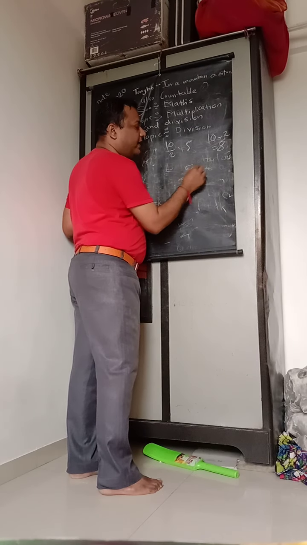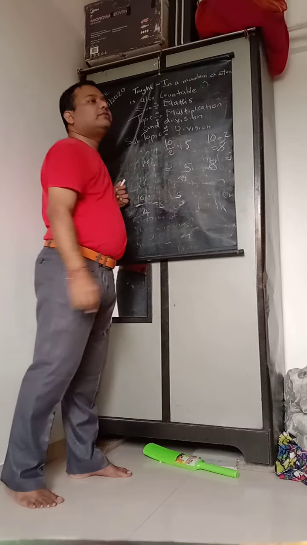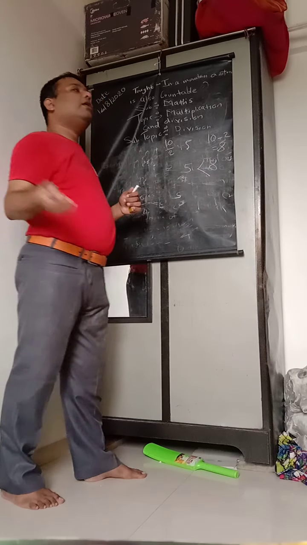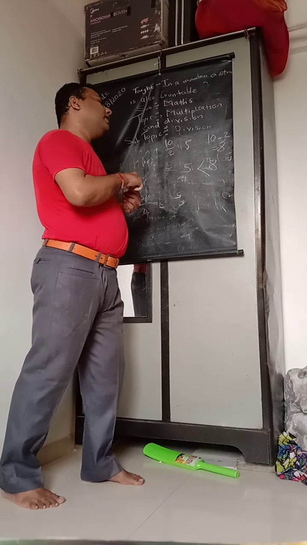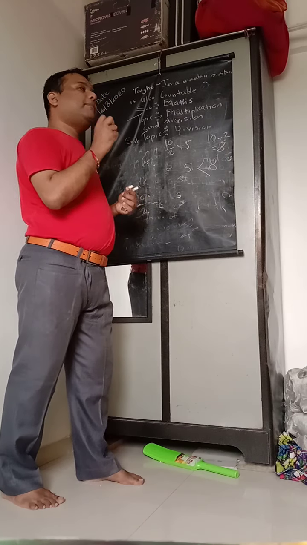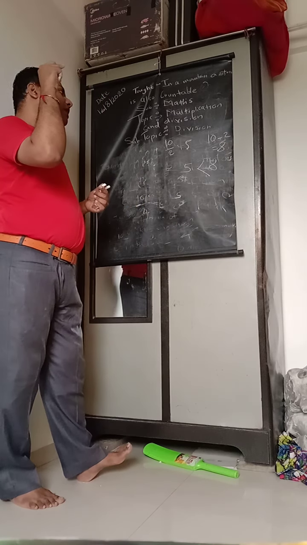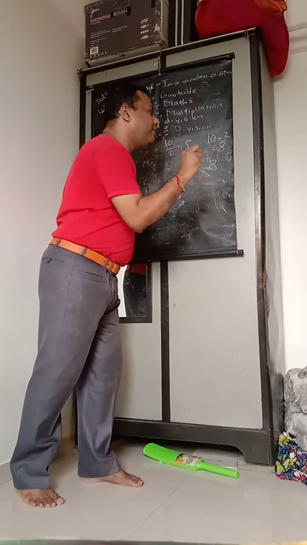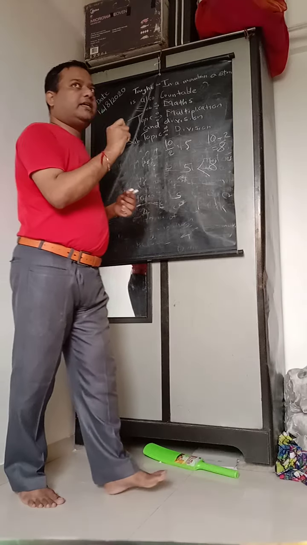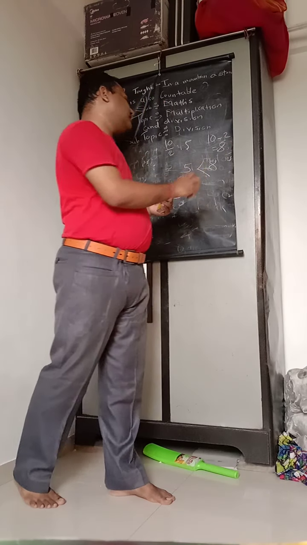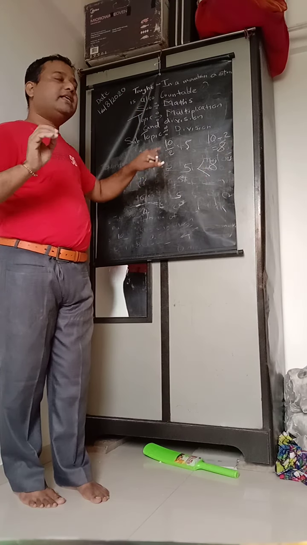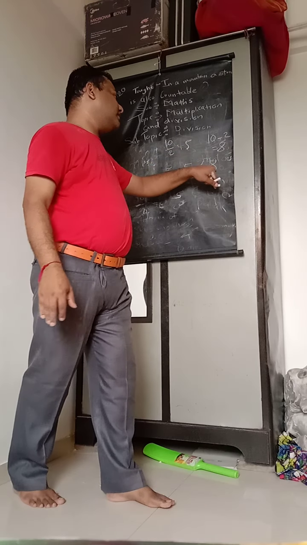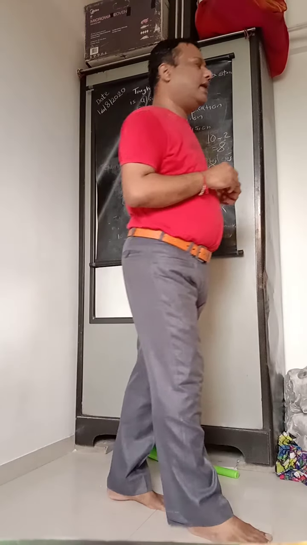This is a 5 and this is an 8. So which number is greater? 8 is greater. So division gives a lesser number, whereas subtraction gives us a higher number.